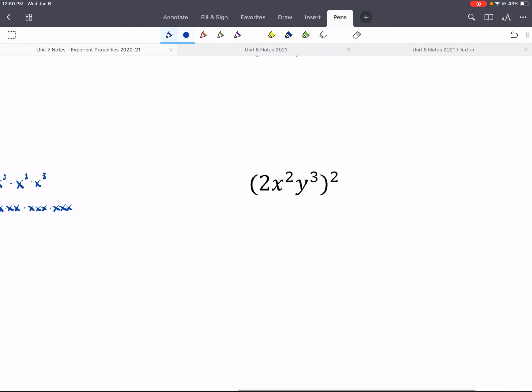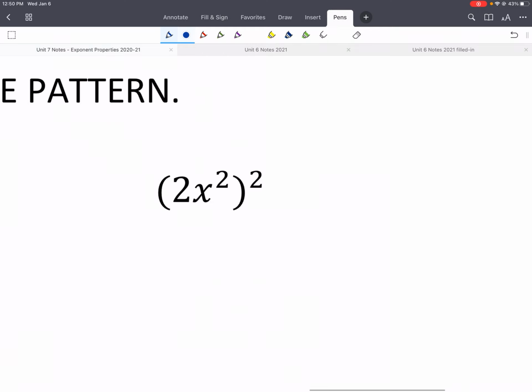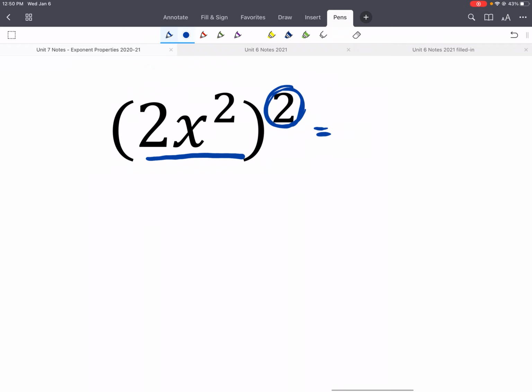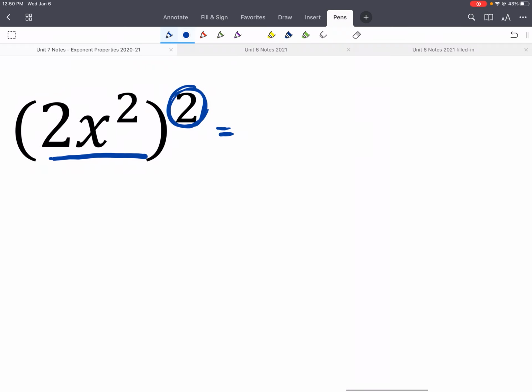Let's look at another example. Again, our exponent is 2. Our base is what's inside that parenthesis. That means we need to write 2x squared 2 times. Now we can expand that even further.